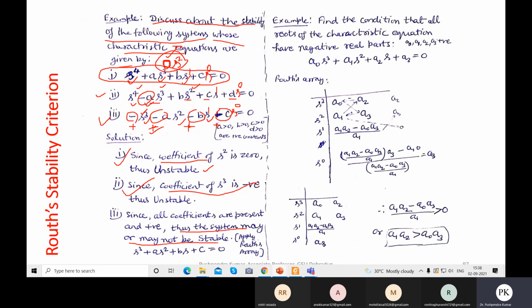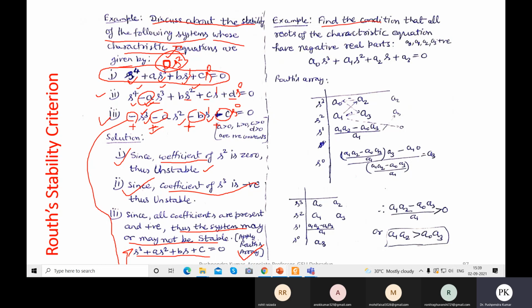We don't know whether it is stable or not, so we have to apply the Routh stability criterion and develop a Routh array. This equation after multiplying by -1 will become this.